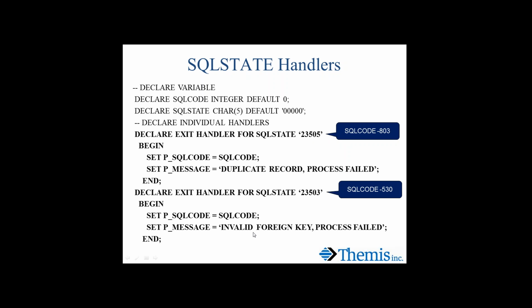If there is a violation such as a referential integrity error, we may want to send a common message like invalid foreign key, procedure failed, or it could even be more specific to your individual application.